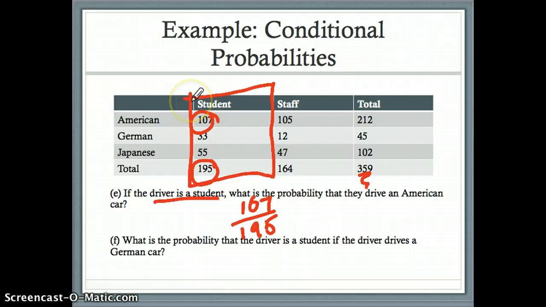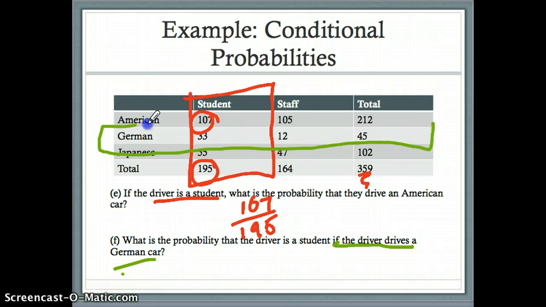So similar to that would be the next one. What is the probability that the driver is a student if, here's your condition, if the driver drives a German car? Then the only thing I really want to look at for this one would be this row right here.